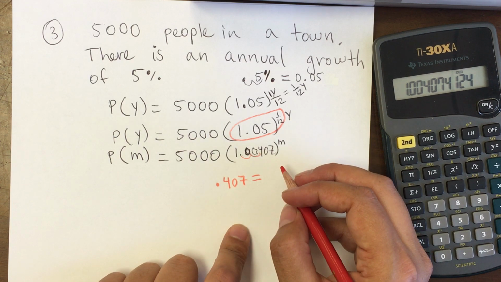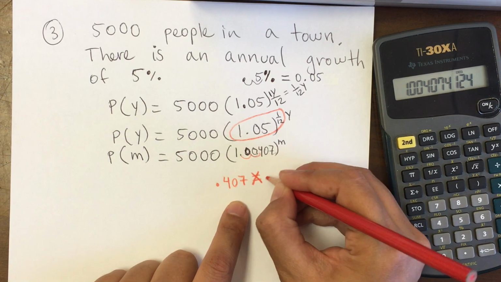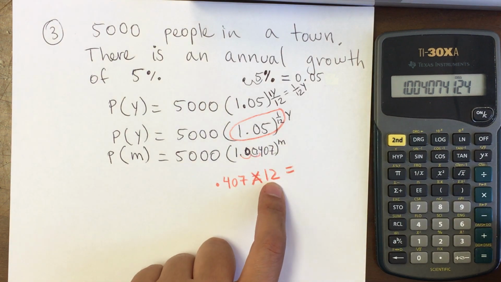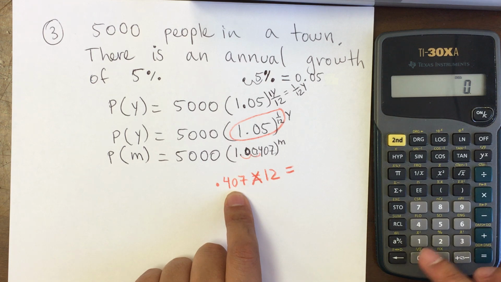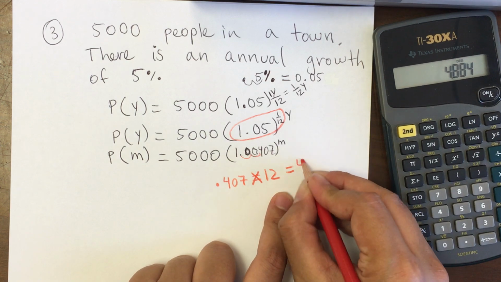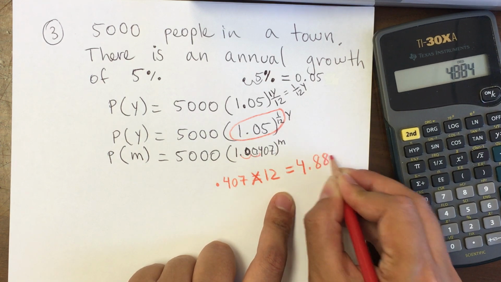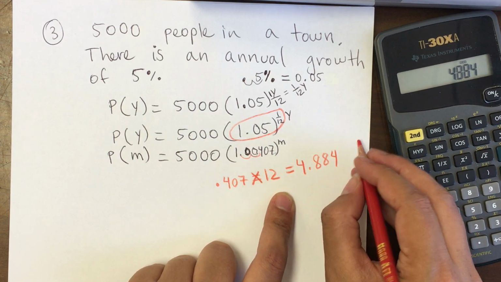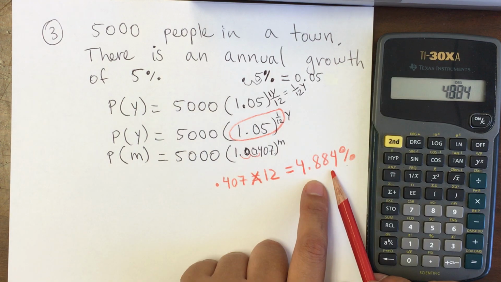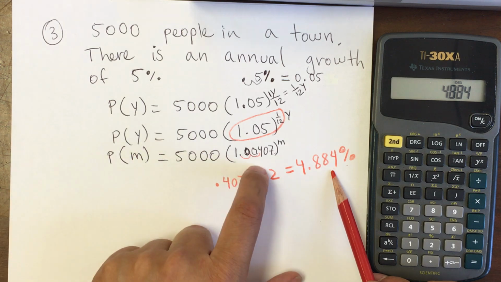That my percent, if I multiply it by 12, is going to give me, let me see, 0.407 times 12 gives me 4.884. So basically this is the percent growing if we go from year to month.